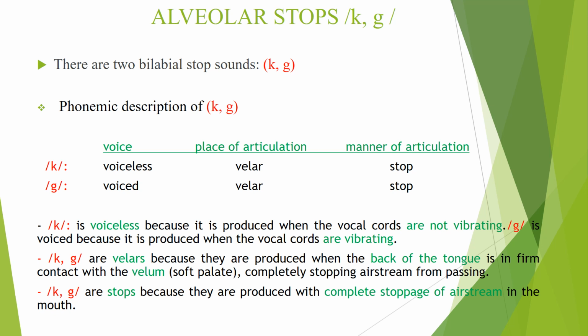K and g are velars because they are produced when the back of the tongue is in firm contact with the velum or the soft palate, completely stopping the airstream from passing. K and g are stops because they are produced with complete stoppage of the airstream in the mouth.